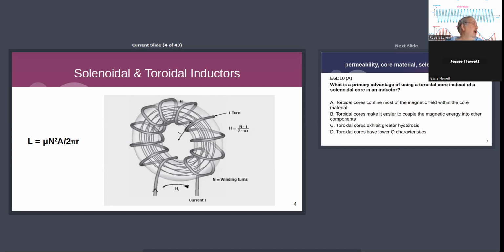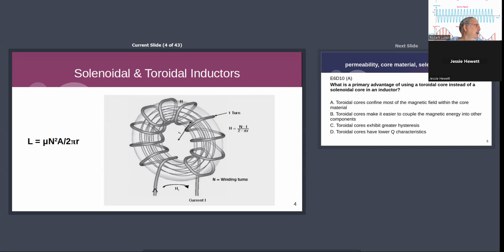In college, that's all we did was radians. Inductive reactance 2 pi FL, capacitive reactance 1 over 2 pi FC, 2 pi shows up everywhere. Right. Or simpler is omega L or 1 over omega C. So that's shorter.